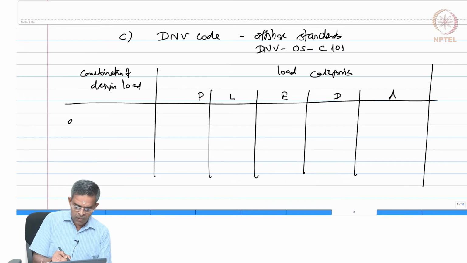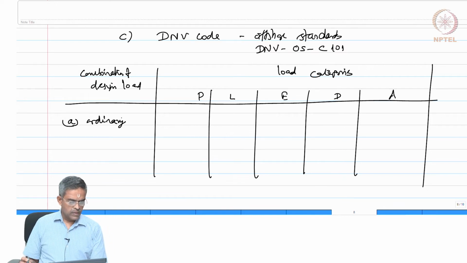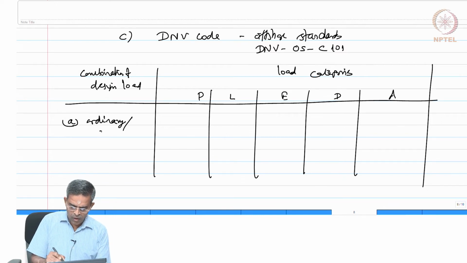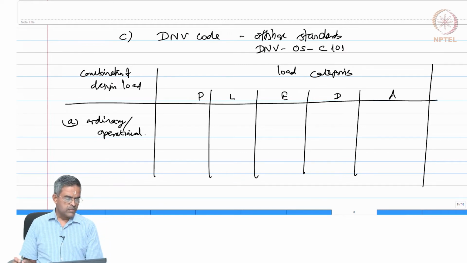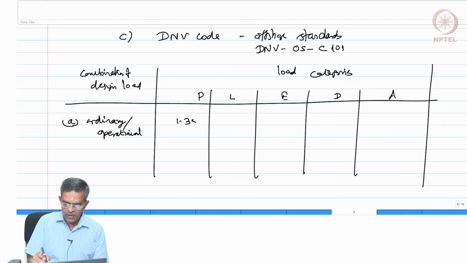And if it is an ordinary or operating condition, then the factors for different class are indicated as you see here.